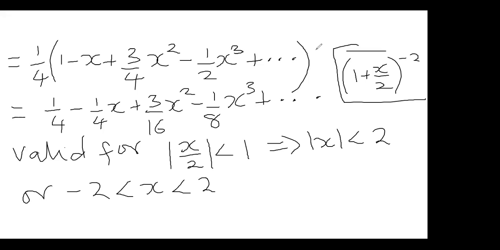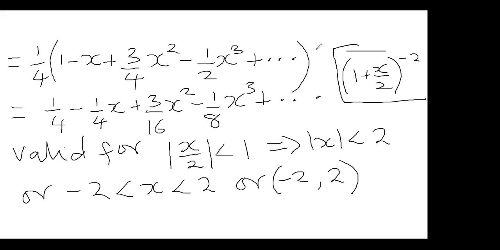If you want, you can write it using the interval notation of negative 2 comma 2. So the expansion is valid in that interval. Outside that interval, the expansion is not valid.